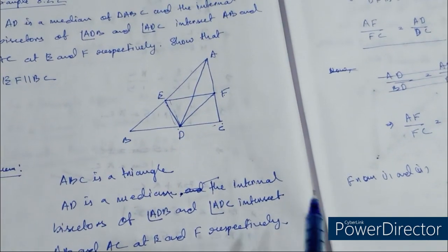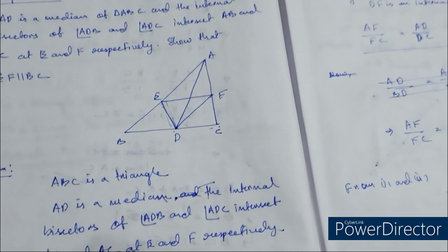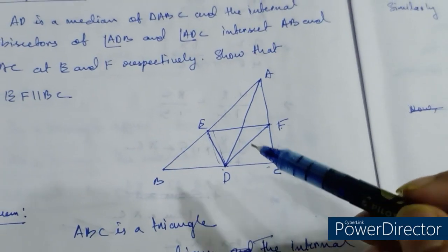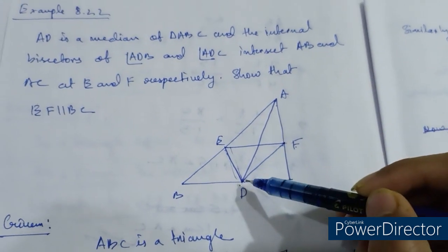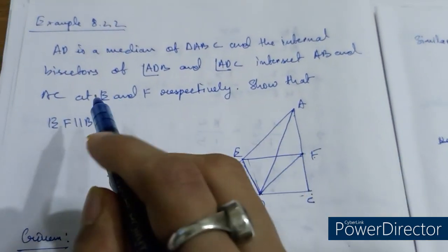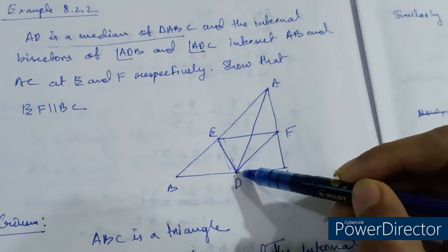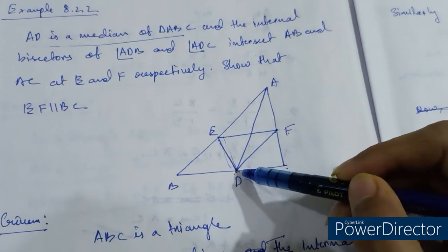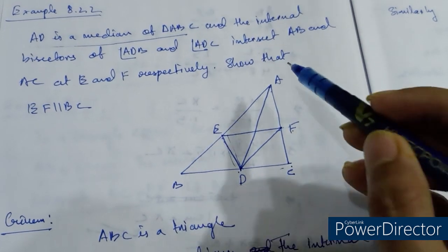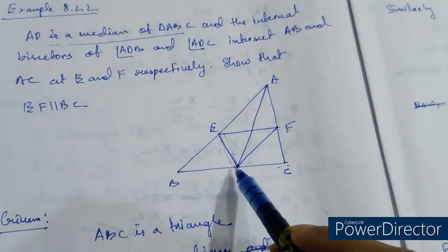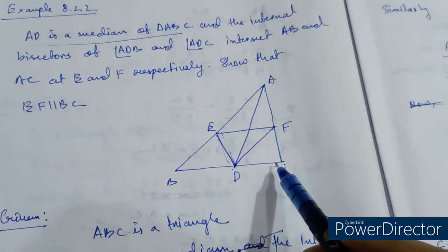Again, AD is the median given, so D will be the midpoint of BC.